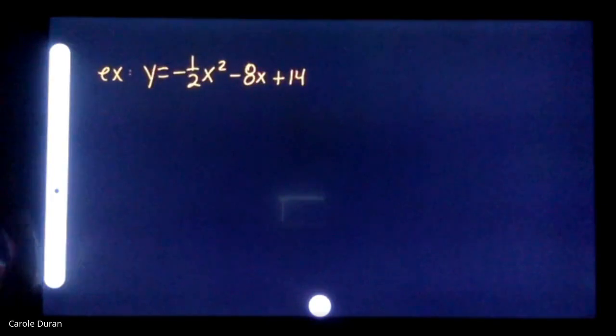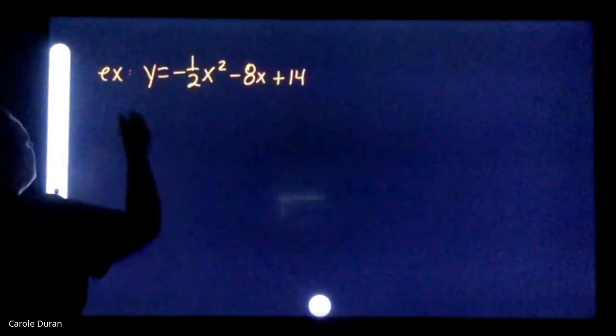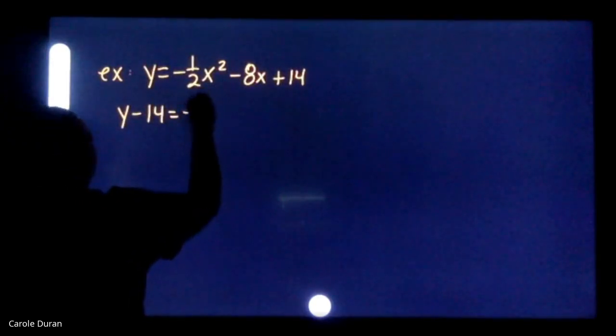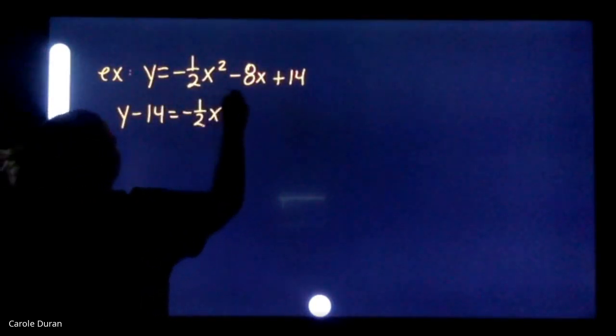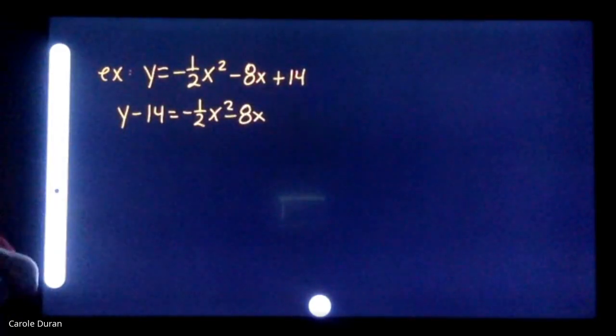Okay, so from here, I want to go ahead and move the constant over to the left-hand side. So when I do that, I get y minus 14, and then I have equals -1/2 x squared minus 8x.